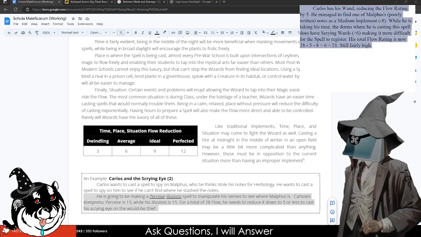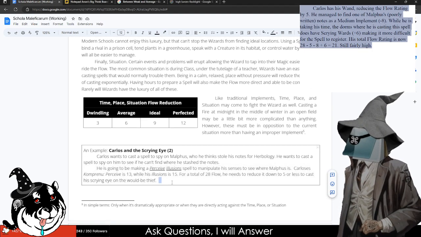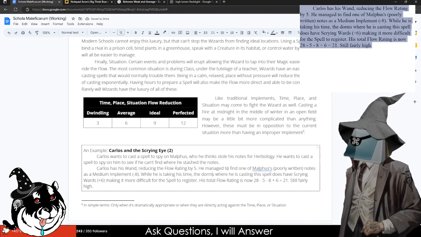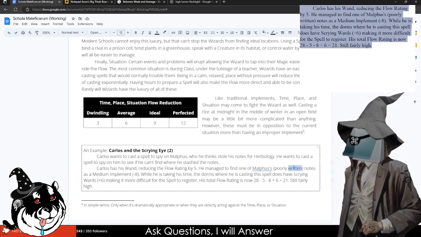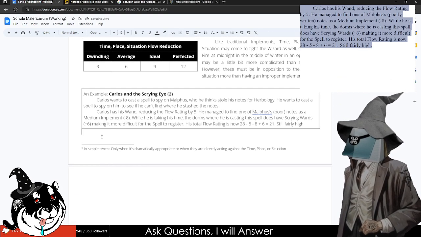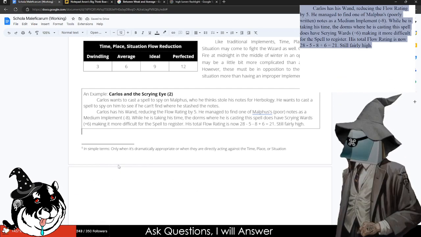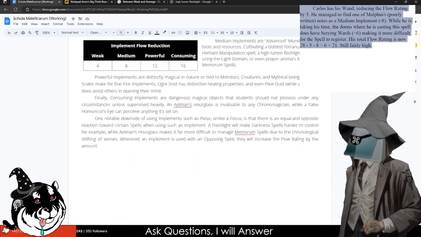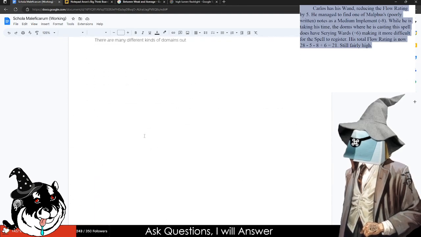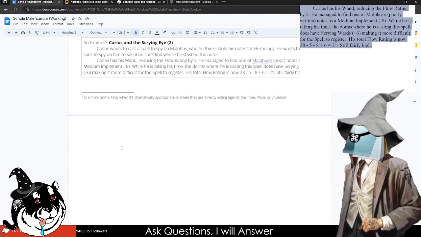Still fairly high. Which does bring me down to modifiers. Let's talk about modifiers.